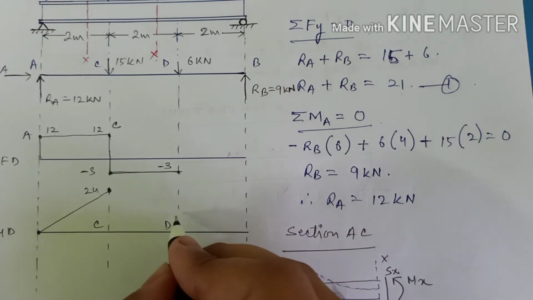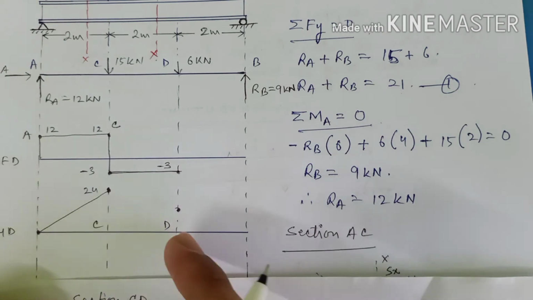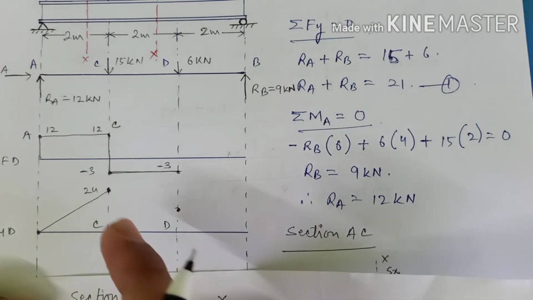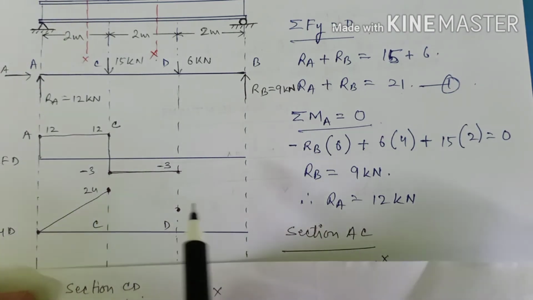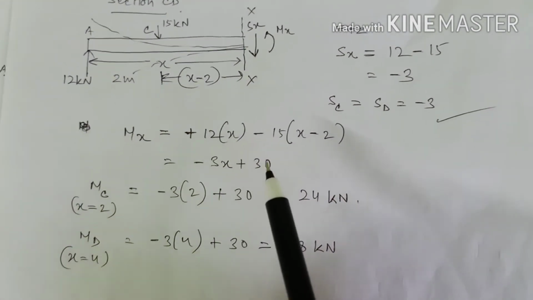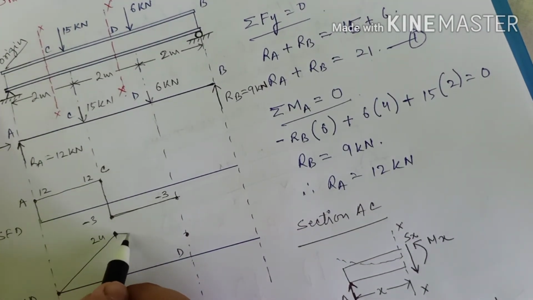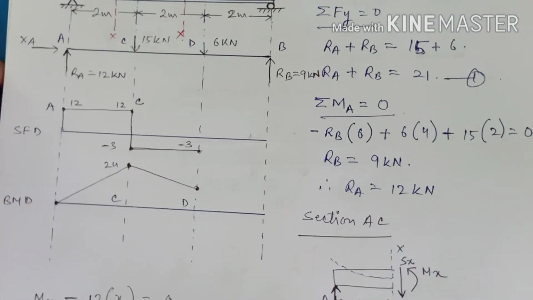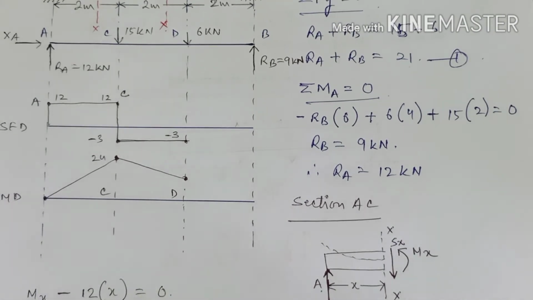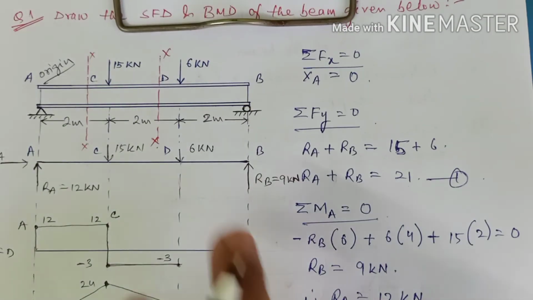So at D it will be something here, right? Now by what kind of curve can we join this? We can join this by a simple straight line, because the degree is 1. It's a 1 degree polynomial. Okay, done. Now the last section that is left is section DB.